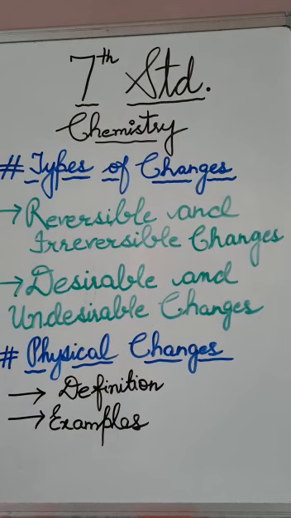Why are all changes in state of matter reversible? It is because only the state changes, from solid to liquid, liquid to gas, or gas to liquid, but no composition of the matter changes, nor do its molecules change. So we can say that it is only a change in state.